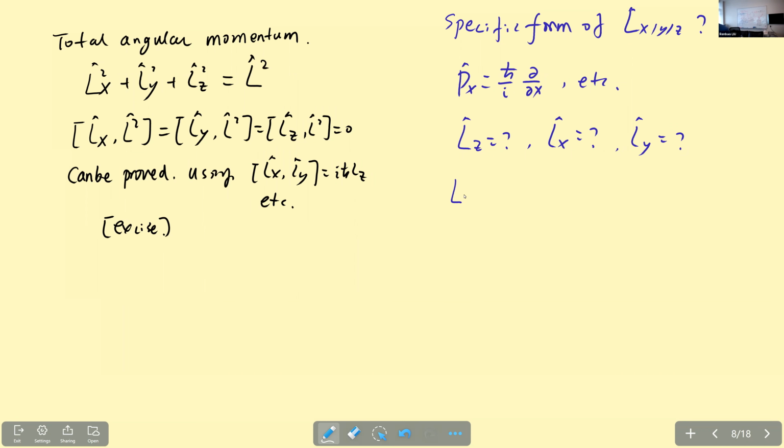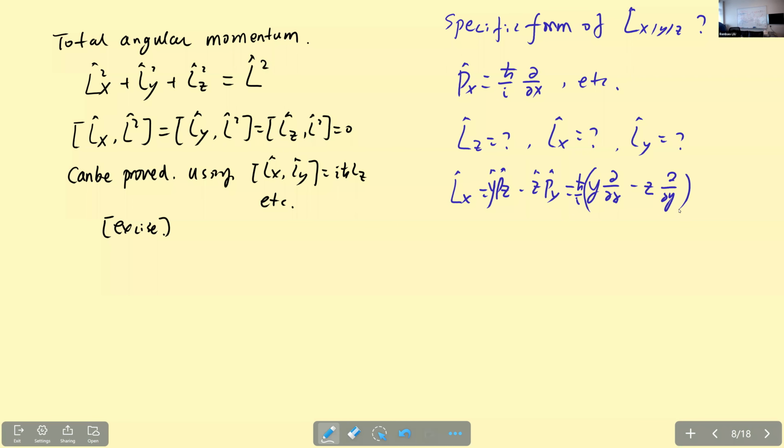We can see that, for example, Lx equals y times Pz minus z times Py. Specifically, this can be written as h bar over i times y partial z minus z partial y.